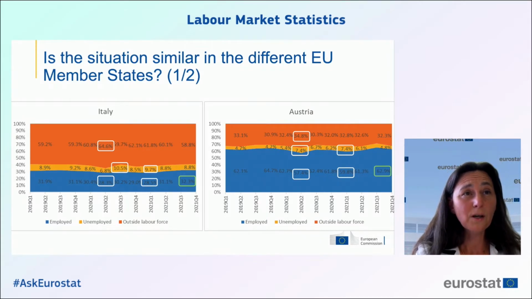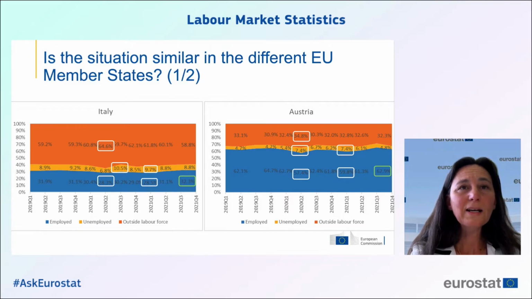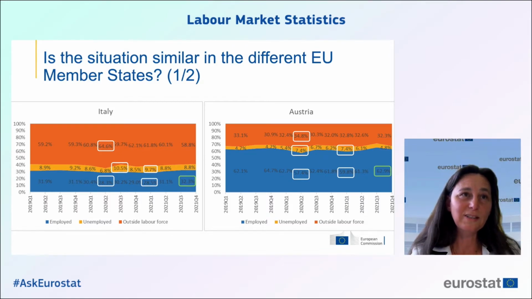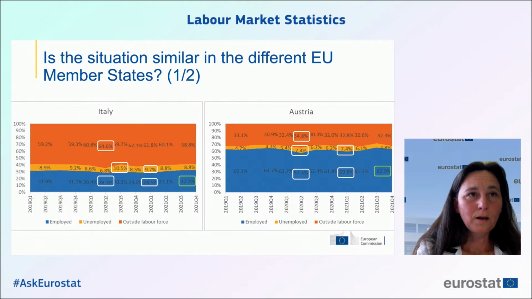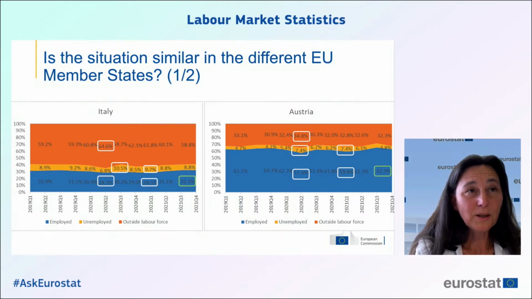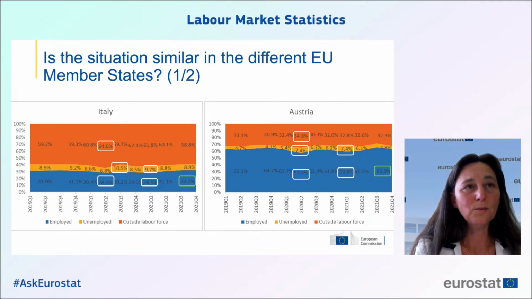So for example, in Italy, you can see that employment mostly decreased in Q3 2020, while in Austria, employment decreased mostly in Q2 2020. So basically in Italy, the employment decreased, but it was balanced in Q2 2020 with an increase of people outside the labor force.